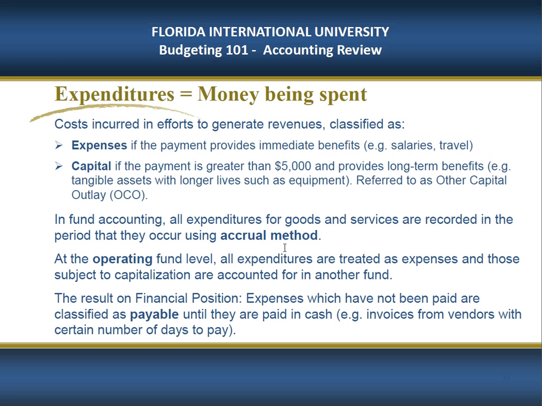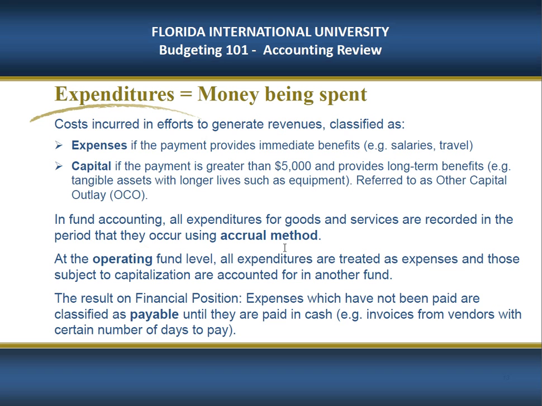Now, if when we make this payment, we're actually acquiring something that has a long-term benefit, an example would be a piece of equipment that we plan to use for a long period of time, in the financial accounting world, we would capitalize that payment.